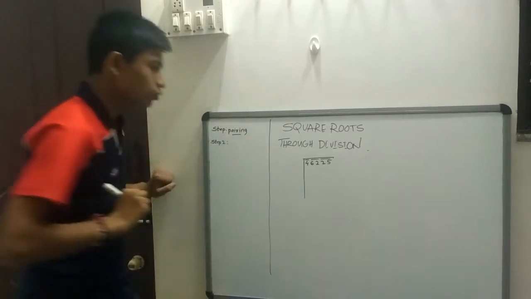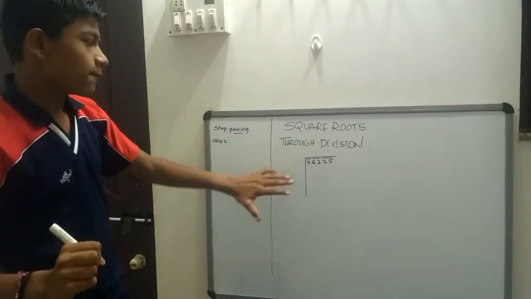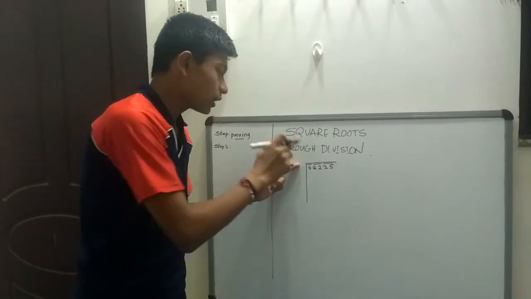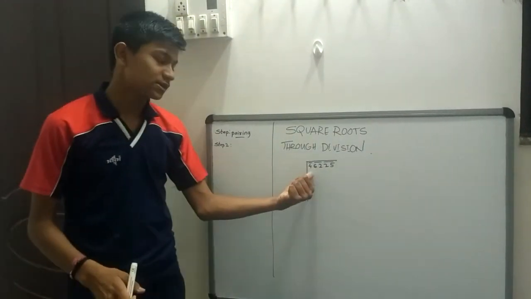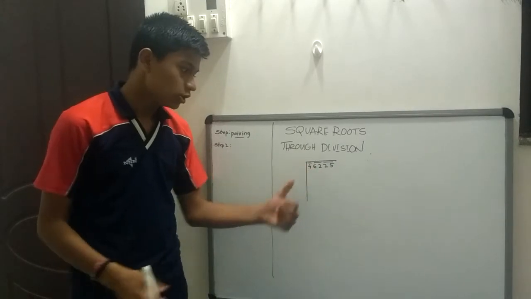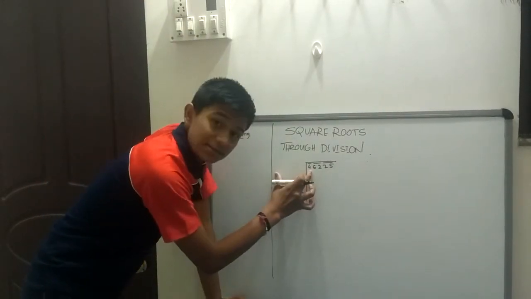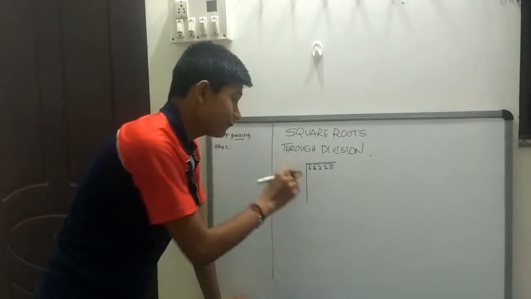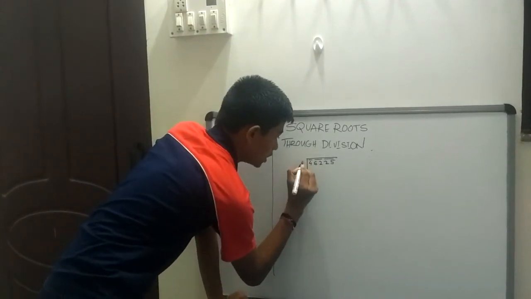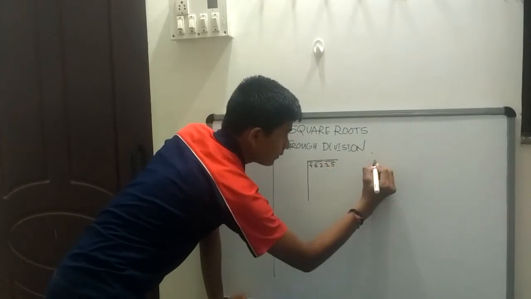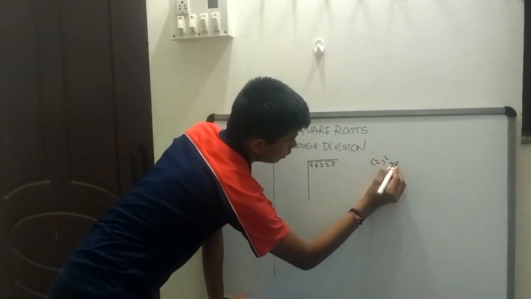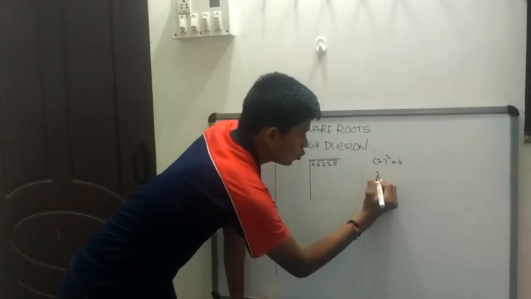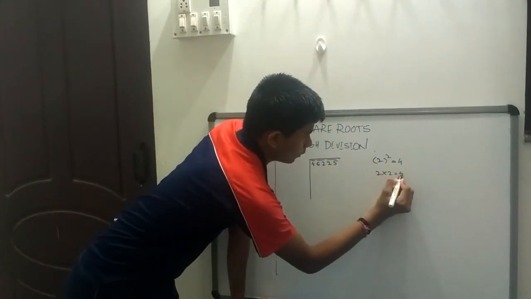Step 2 is finding the nearest or lowest or equal perfect square to the first number of the first pair. The first number is 4. The nearest or equal perfect square of 4 is just 4. So I will write down 2 squared is equal to 4. 2 into 2 is equal to 4.